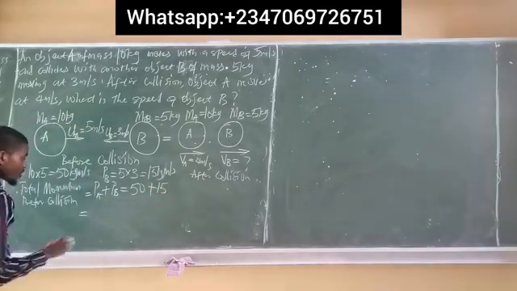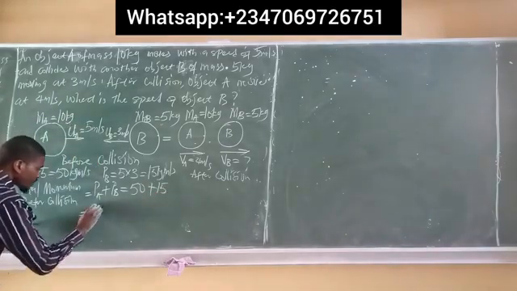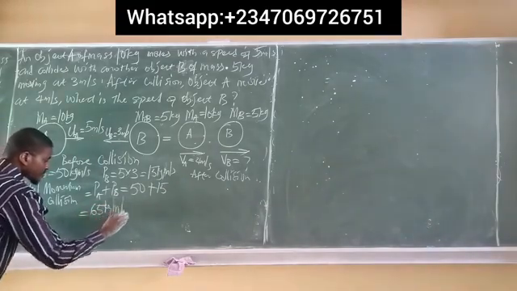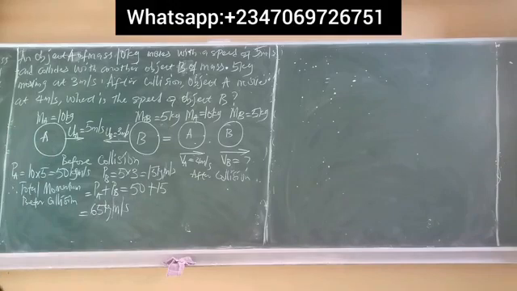If you add them up, momentum before collision gives us 65 kilogram meters per second. So this is the total momentum before collision takes place.